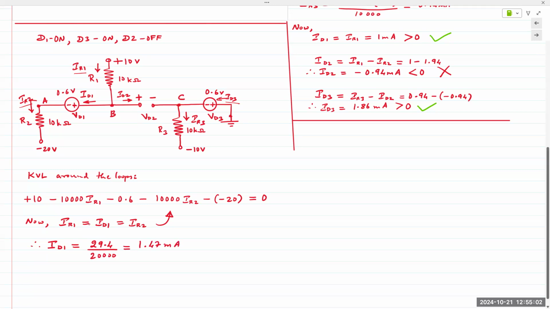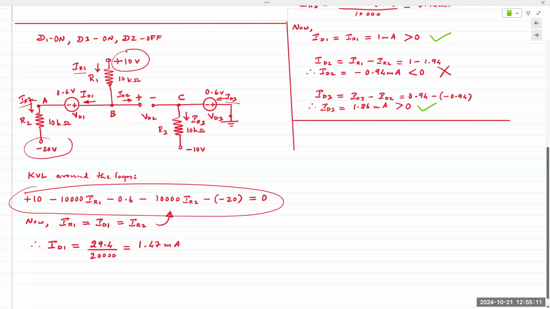And again, this is from KVL in the farthest left loop, starting at the top, plus 10 and ending here at minus 20. The current through all of them is exactly the same, so IR1 is the same as ID1 is the same as IR2. We simply plug that into this equation and solve for ID1.